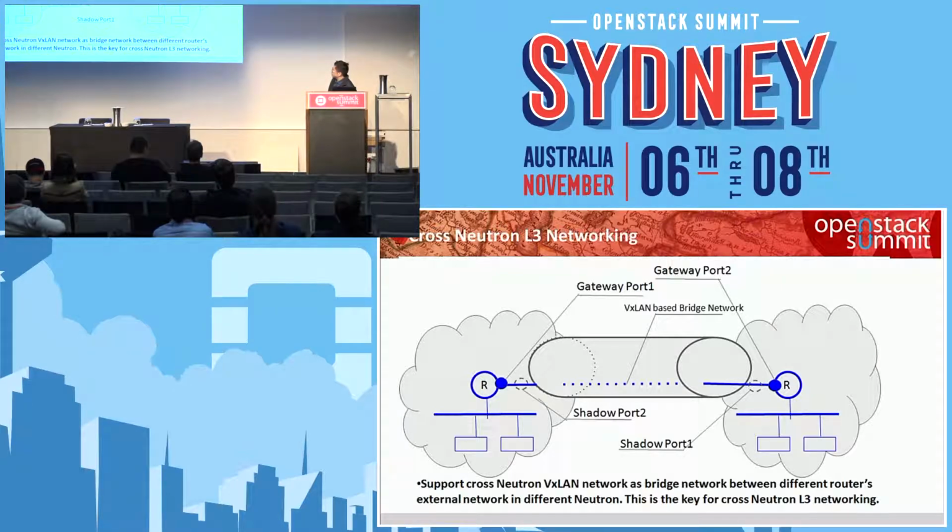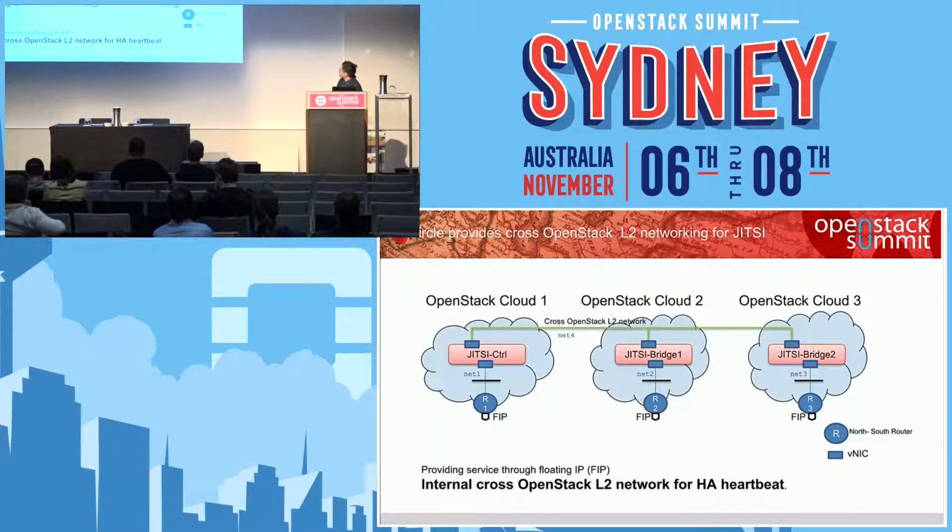And here, the shadow port is based on a gateway port. We use the external network of the router to work as the bridge network. This is the networking for Jitsi, the first application.